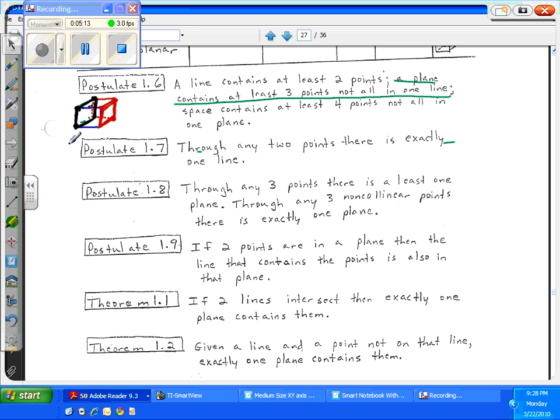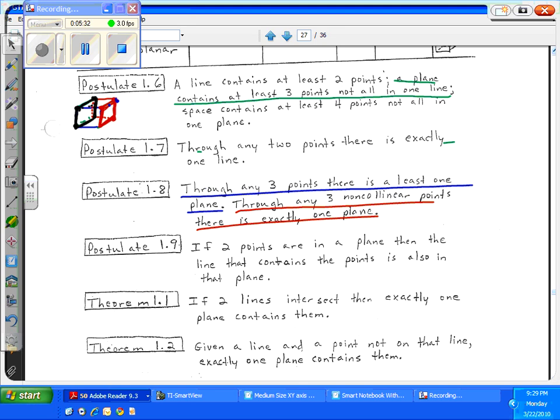And so we would say that through any 3 non-collinear points, there is exactly one plane. Through any 3 points, there's at least one plane.